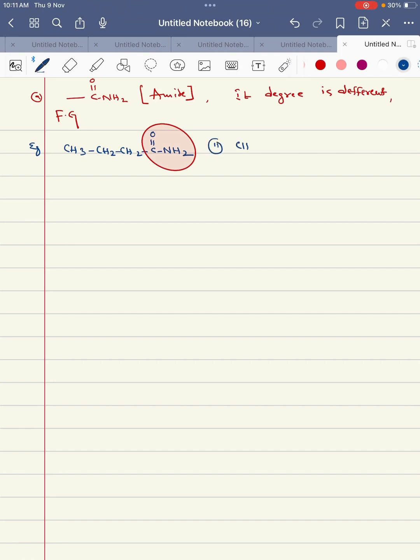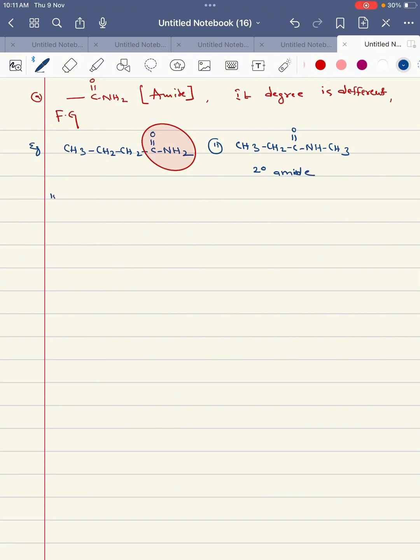Next, the second will be written like this: CH3, CH2, C=O, NHCH3. Now this is called a 2 degree amide.